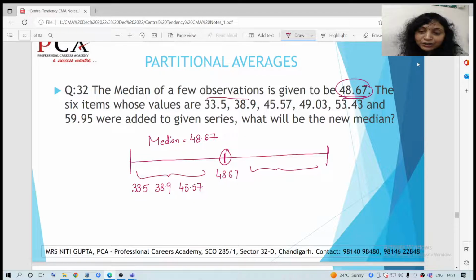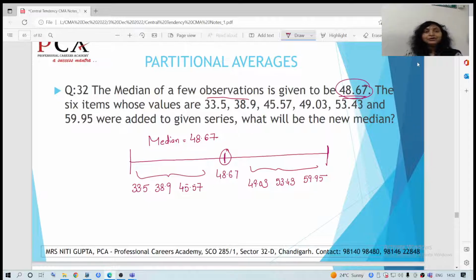Next item is 49.03, which is greater than median, so it will lie on the right side of the series. Next item is 53.43, again greater than median, and last one is 59.95. So the 6 items we have introduced are divided equally on both sides of the series: 3 on the left hand side and 3 on the right hand side.